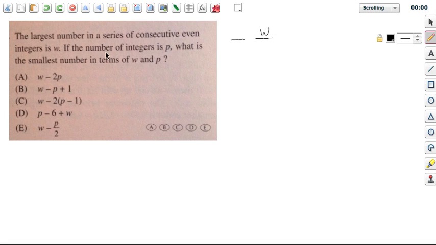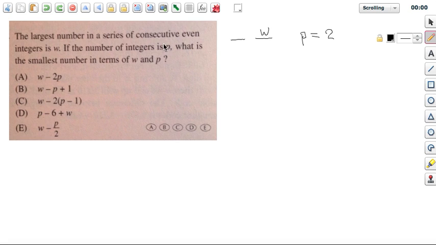If the number of integers is P, so in this situation, P is equal to 2. What is the smallest number in terms of W and P?